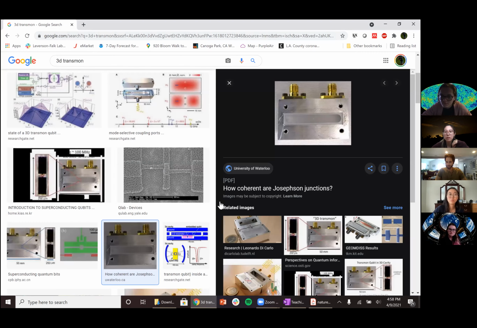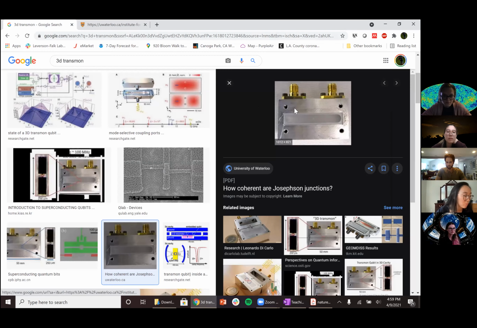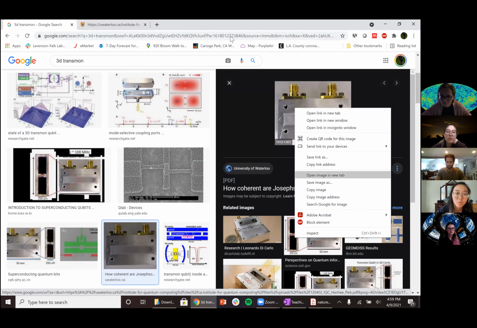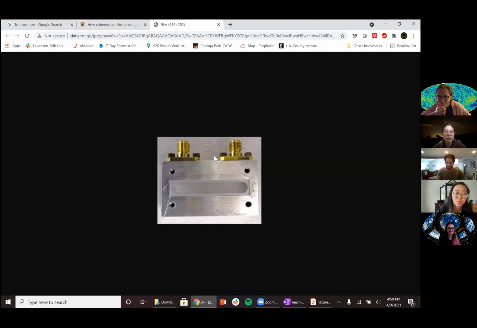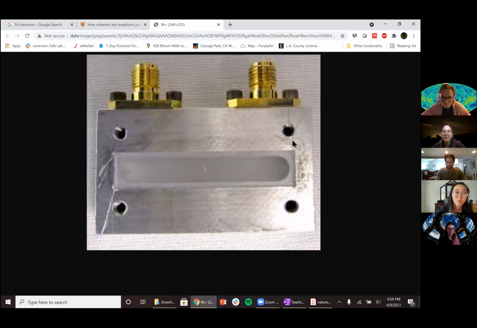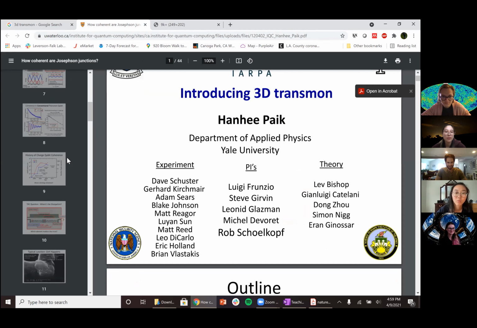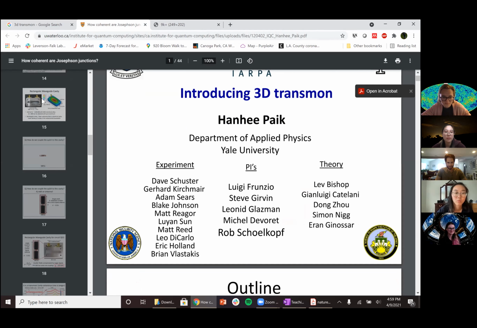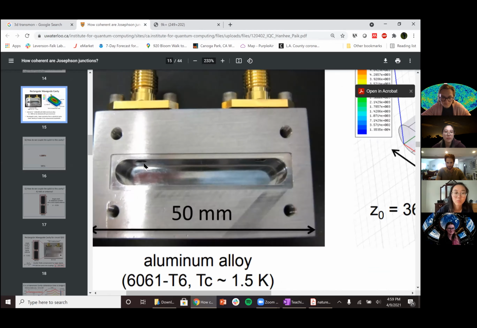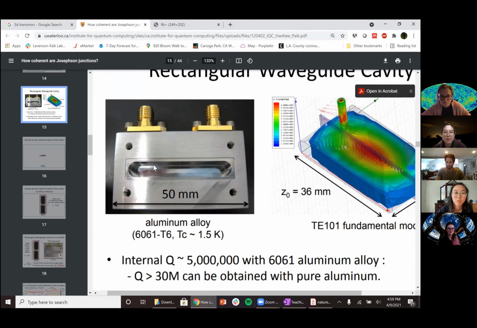Oops. Get the actual big photo. Oh, come on. It's bigger than that. Oh, that's really terrible. There we go. Okay. Sorry, my computer's not cooperating.